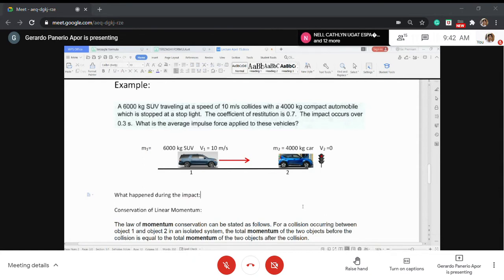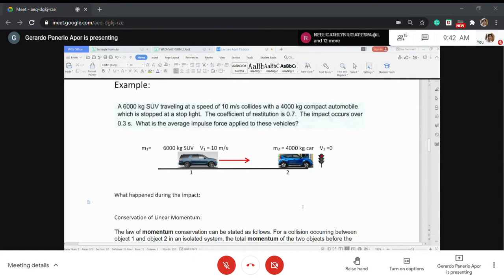Of course, assuming they are all wearing seatbelts, nobody died. So we are talking about the motion of the two bodies, the SUV 1 and the car number 2. What happened during the impact? Or after the impact? After the impact.